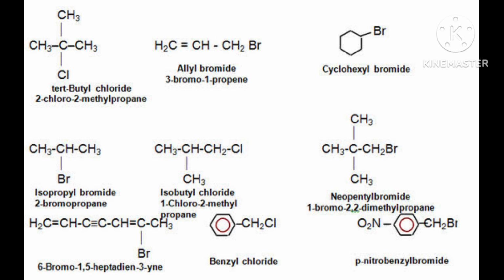Only one bromine atom is there, and 5 carbons are there. Then it will be clear that this bromine can go to the different carbons, starting from the first carbon, second carbon, third carbon.